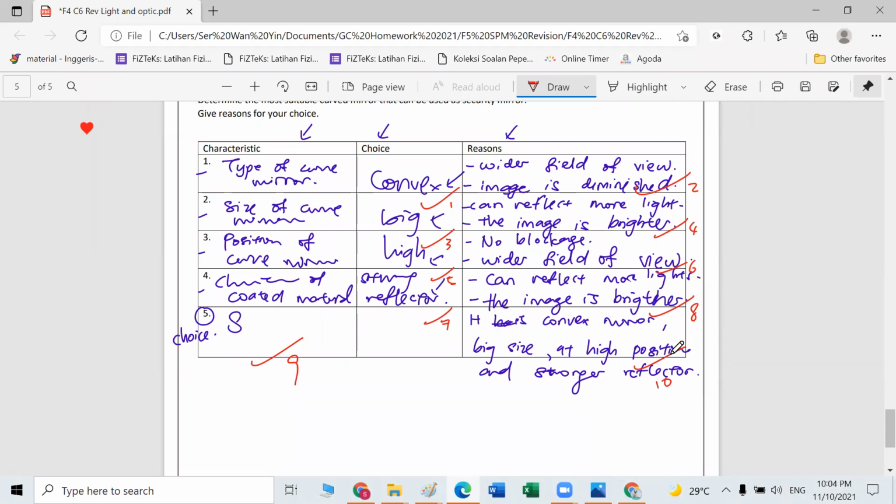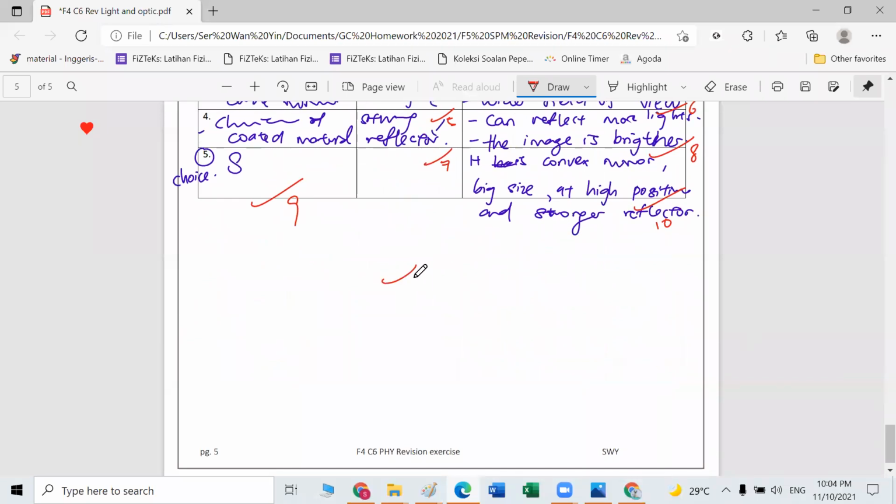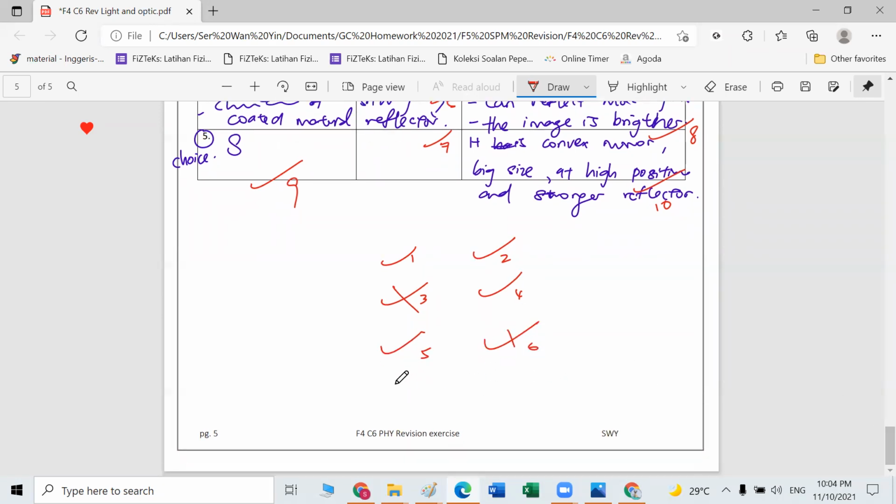So for number 10, let's say you get 1 and 3 wrong, but 4 correct, 5 correct, but 6 wrong, and then 7 correct, 8 correct. The choice is wrong, but you still can get the 10 marks because we will look at the pair.